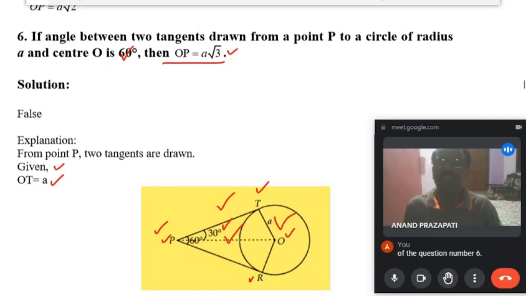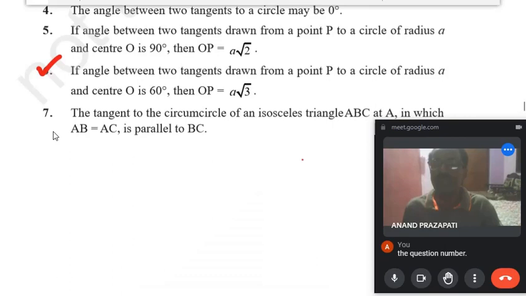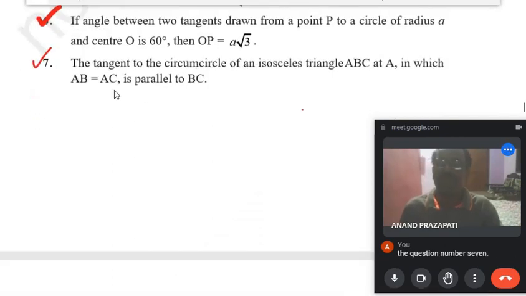So let's see question number 7. This is question number 7. The tangent to the circle of an isosceles triangle ABC at A, in which AB equals AC, is parallel to BC.